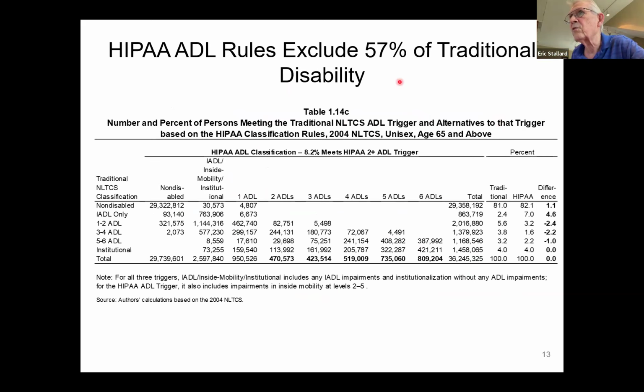And I do note that the HIPAA ADL rules exclude 57% of the traditional disability measures. So I commented here that only 8.2% of the population in 2004 met the criteria to be classified as disabled at that level. And that 8.2 compares to the 19% that I showed on the previous slide.